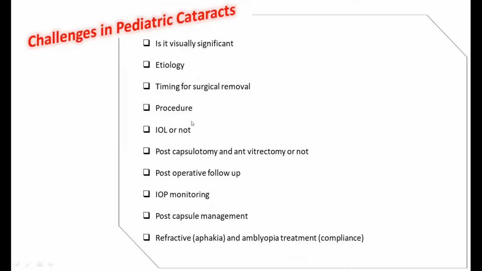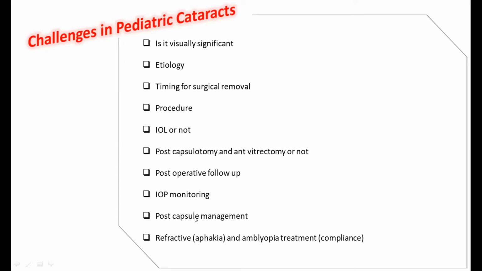So here is a checklist. So you have to work on it. So is it visually significant, and how to decide? What is the etiology? What is the timing for surgical removal, the procedure, to implant or not, the management of the posterior capsule, and do we need to do anterior vitrectomy or not? How about the post-operative care, and how about the IOP monitoring for pediatric age group?